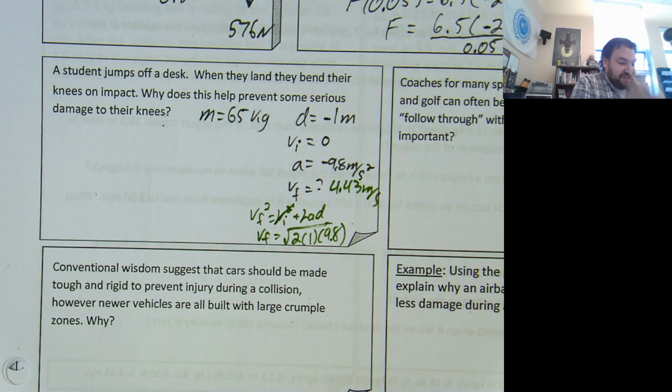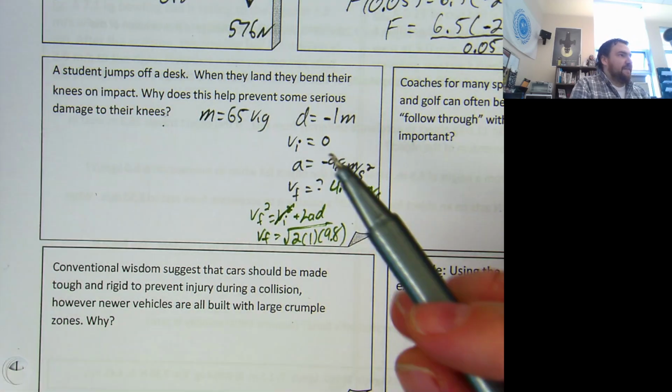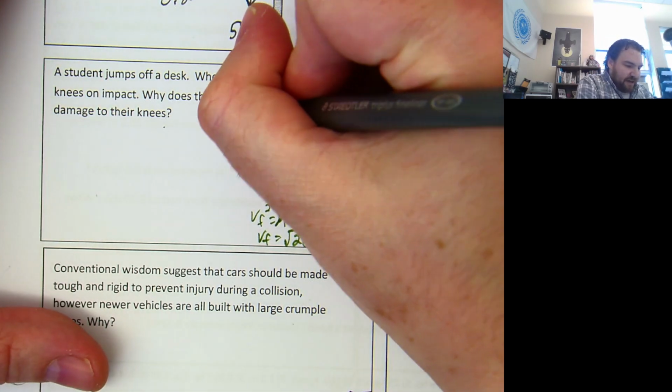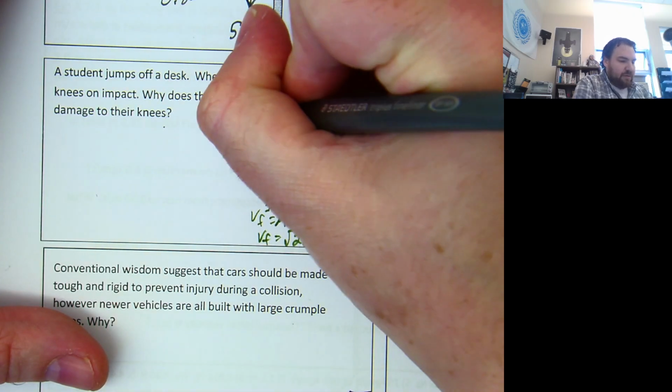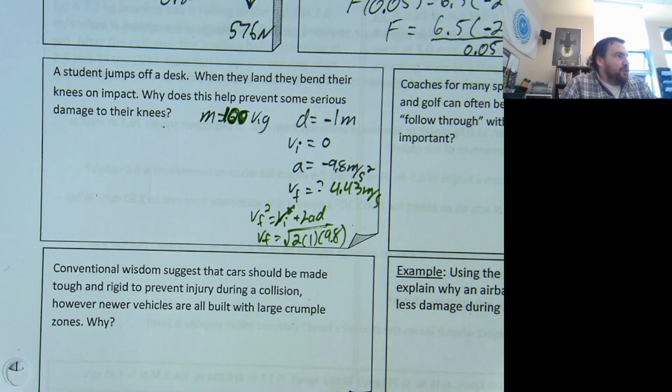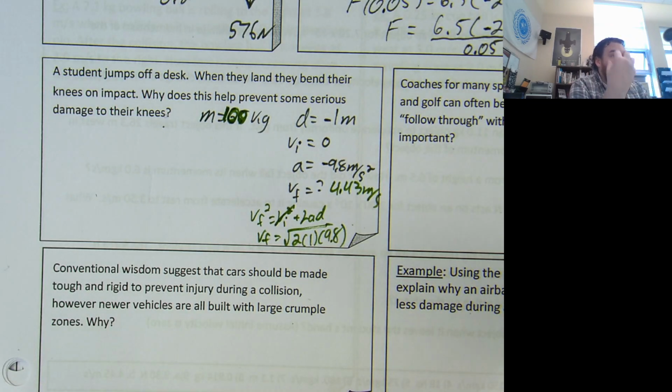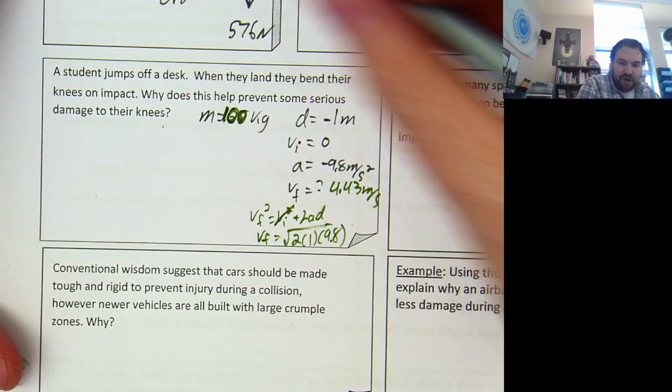So let's say we have a 65 kilogram. You know what? Forget 65 kilograms. Let's make it mean. Let's make it 100 kilograms. You've got a 220-pound dude, or a 100-kilogram dude, dropping 1 meter. The final velocity is going to be the same. Now to stop this 100-kilogram dude, we need to bring that down to 0.